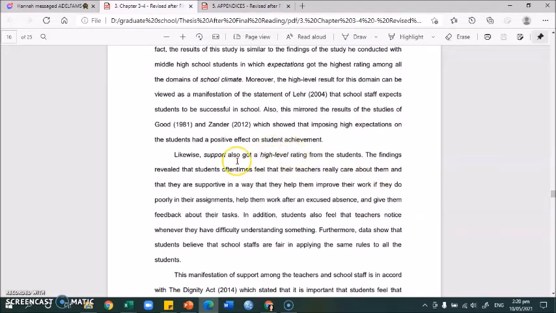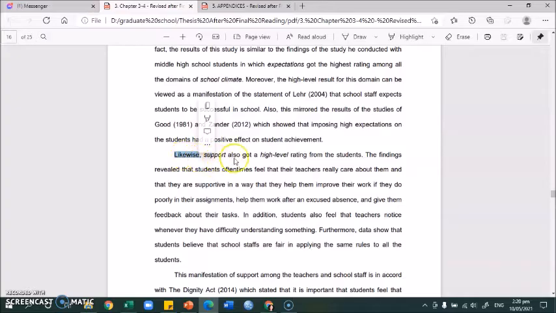The next indicator is support. Okay, next to expectation, so, support. Right here on the next paragraph, this is a glimpse of the result from chapter 3. It says, likewise, support also got a high level rating from the students. So you can use connectors.